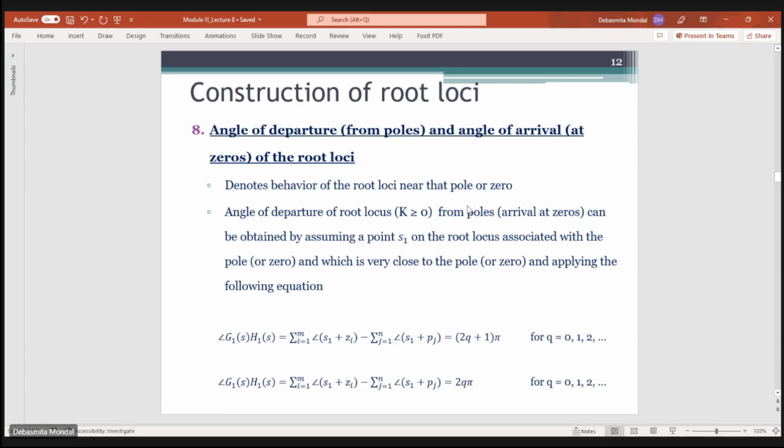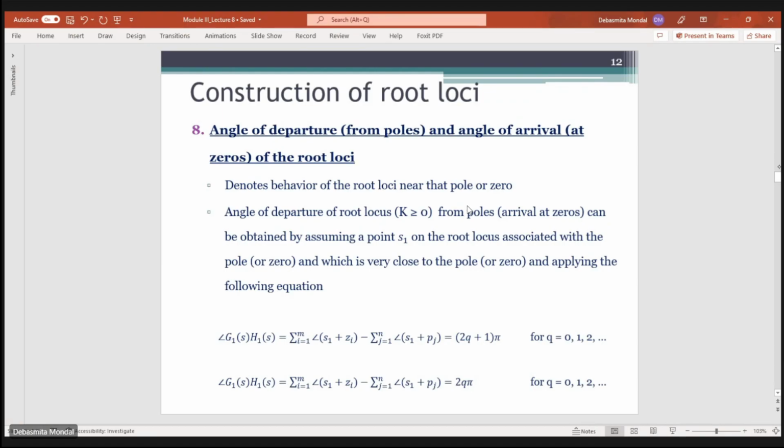So we select a point S1 very close to the pole or the zero whose angle of departure or angle of arrival we want to find out, and then we apply the following equations. Again we apply this equation: angle of G1 H1 S should be equal to the summation of the angles drawn from the zeros to this point S1 minus the summation of the angles drawn from the poles to the point S1.